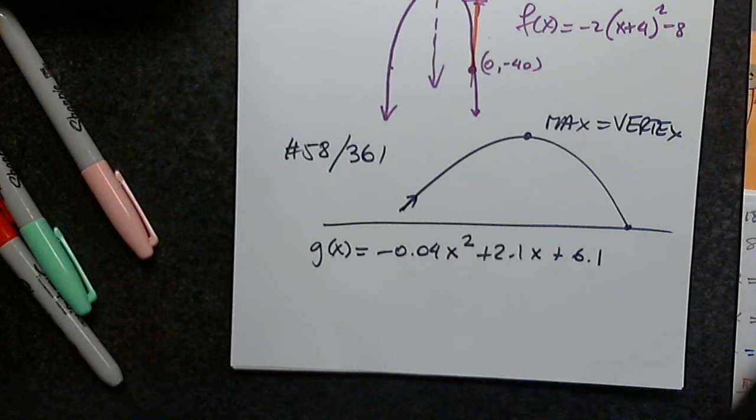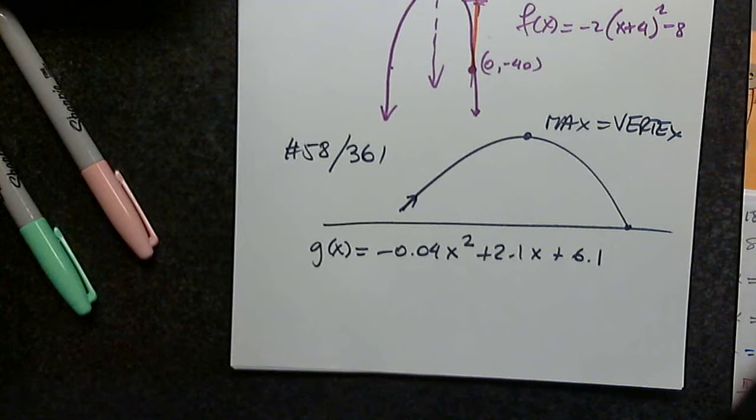Based on the coefficient of x squared, which is negative 0.04. Because it's negative, the function has a maximum. Agreed? Yes? Okay, perfect.